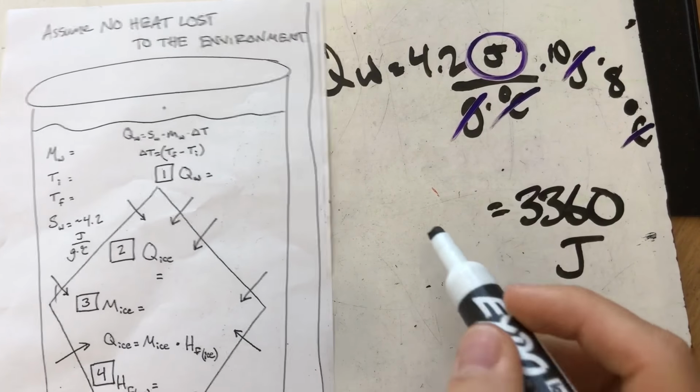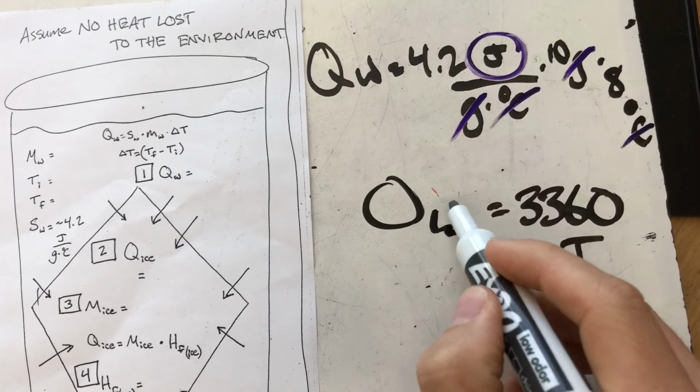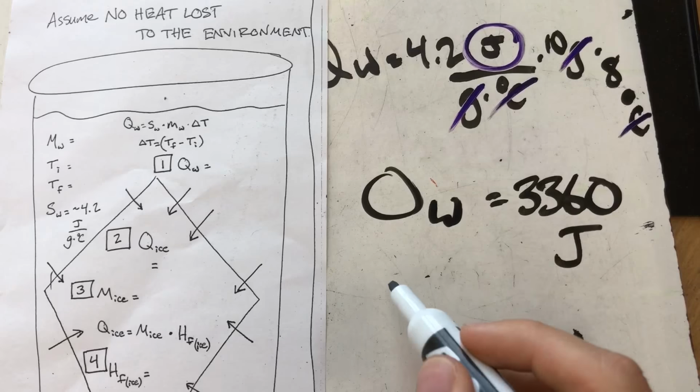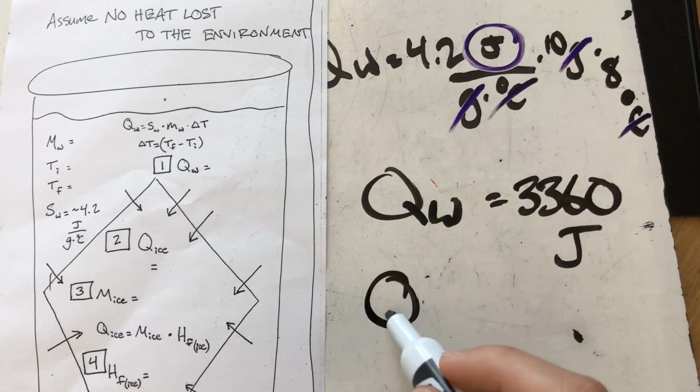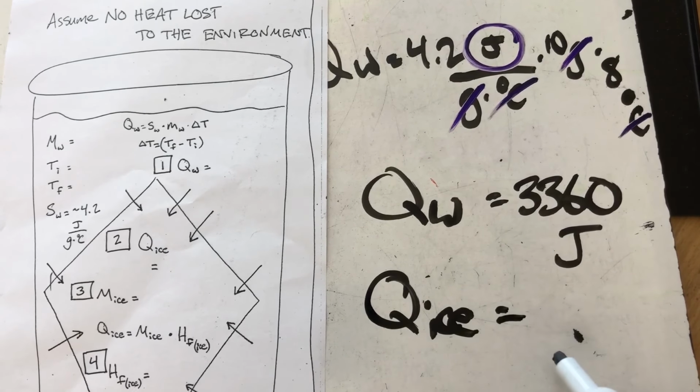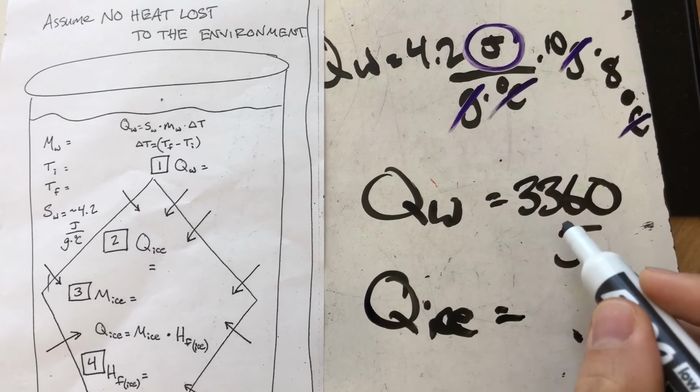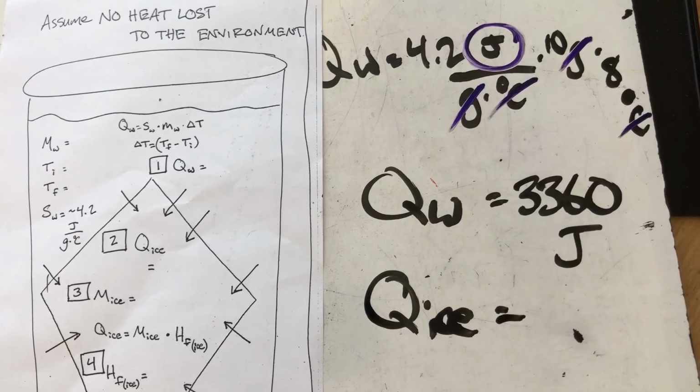Okay, so that means that if our Q water is 3360 joules, then our Q of ice must be the same magnitude of this.